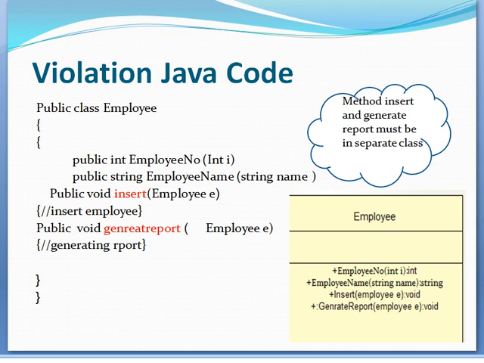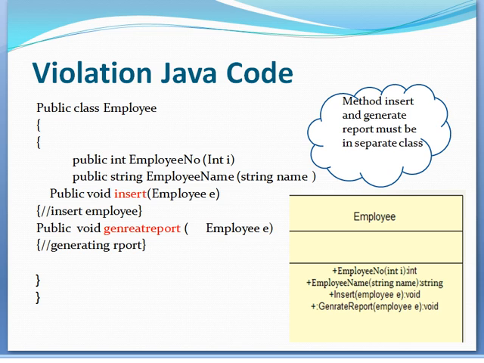Can you give me an example? Now I want to give a violation Java code of this principle. This example talks about a class Employee that has more than one responsibility.